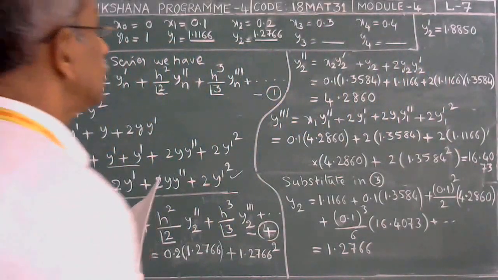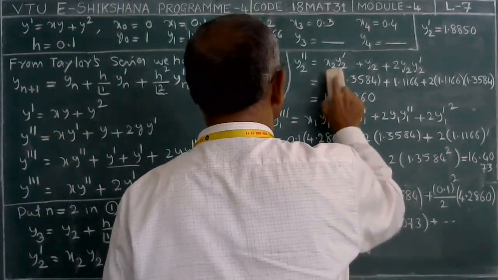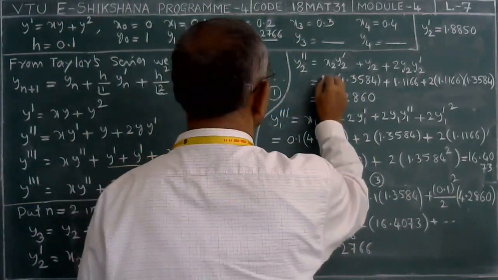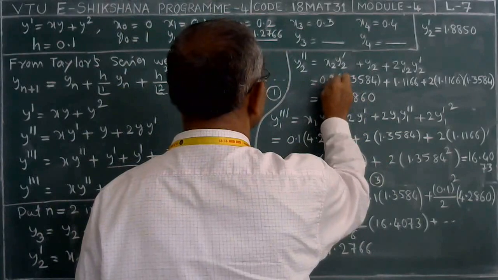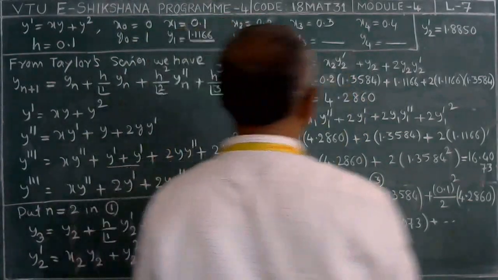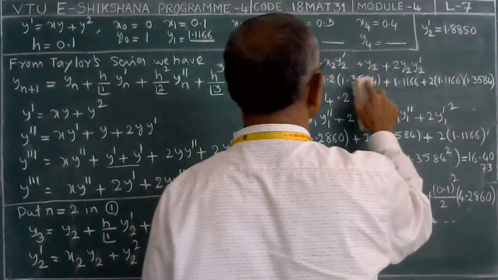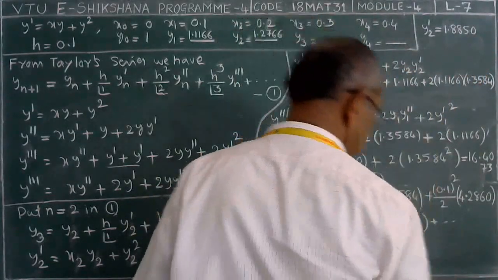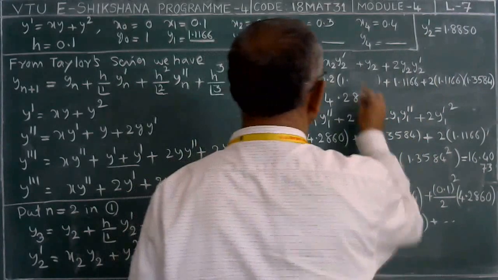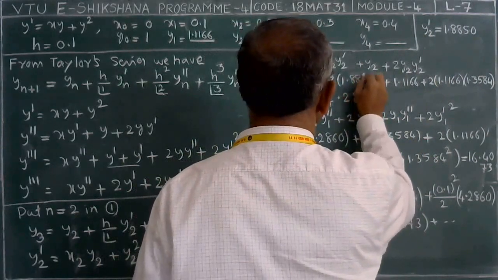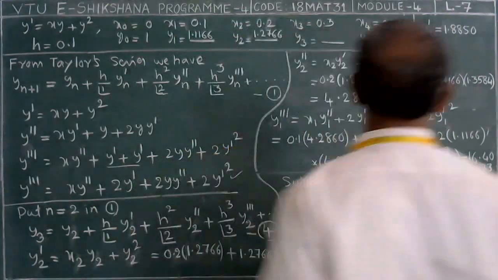Okay. Now, substitute here. So x2 is 0.2, y2 dash is 1.8850.